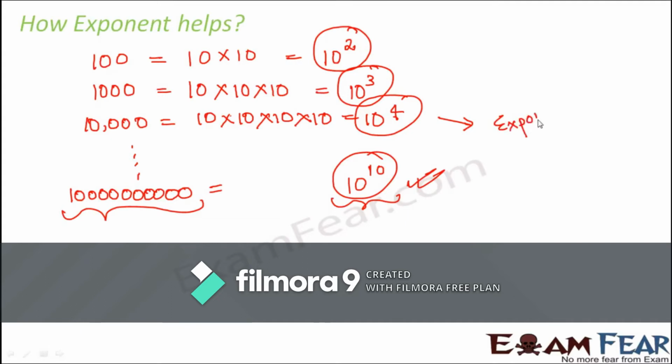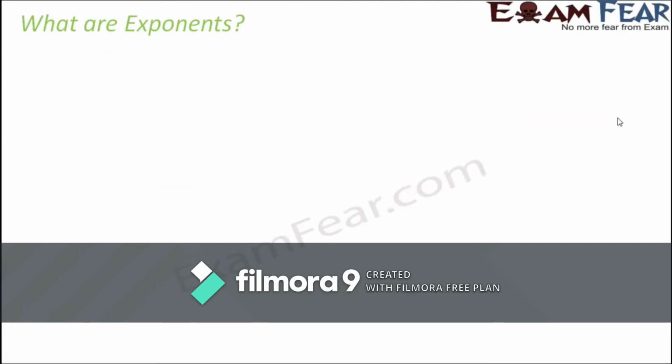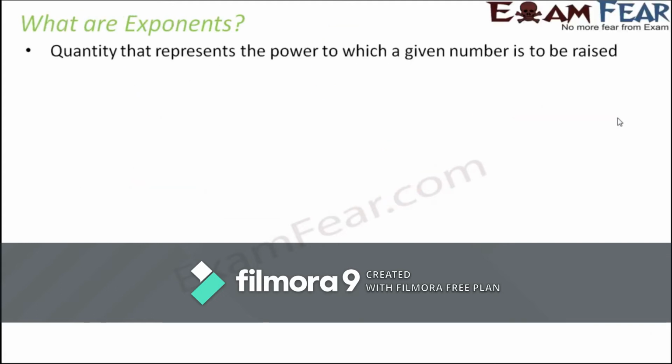So when you write any number to the power of some other number, that representation is exponential form. And how do we read this? We read this as 10 to the power 2, 10 to the power 3, 10 to the power 10, and so on. These represent the power to which a given number is to be raised. So exponents tell us how many times we can use the number in multiplication.